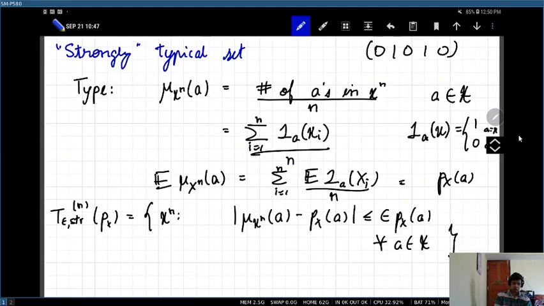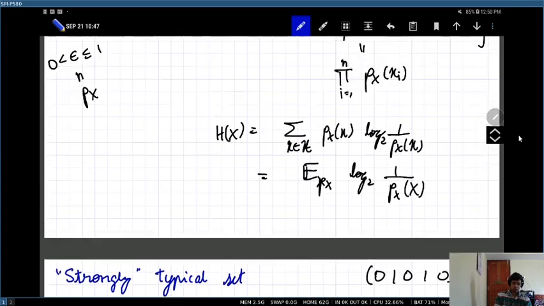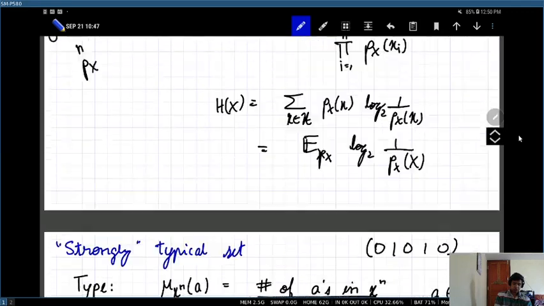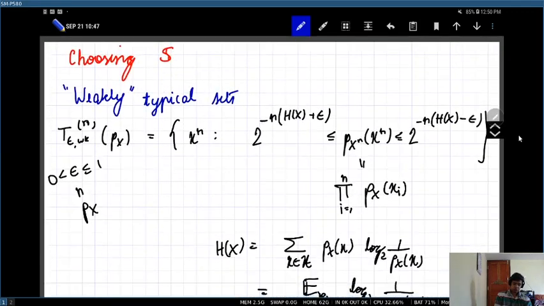So it's a strongly typical set because the condition is stronger than the weakly typical set. So T epsilon strong is going to be a subset of T epsilon prime weak for a suitably chosen epsilon prime.